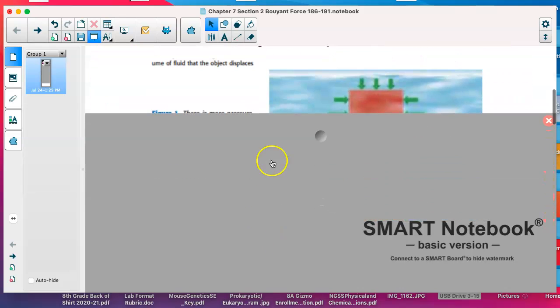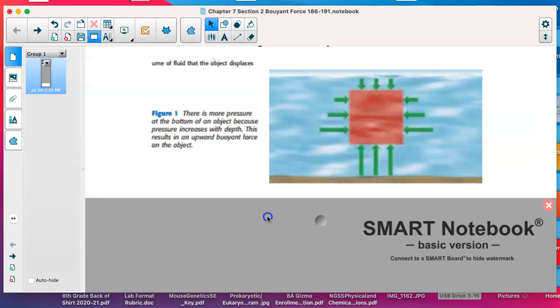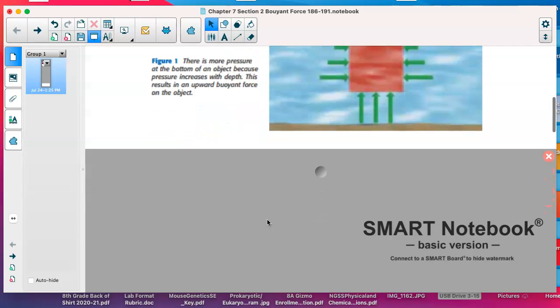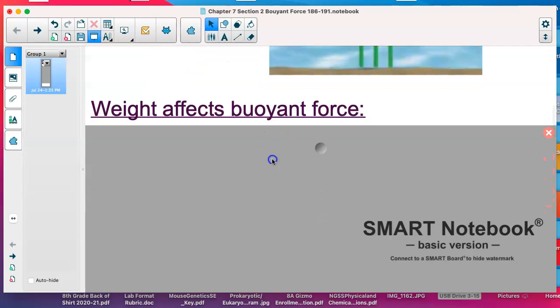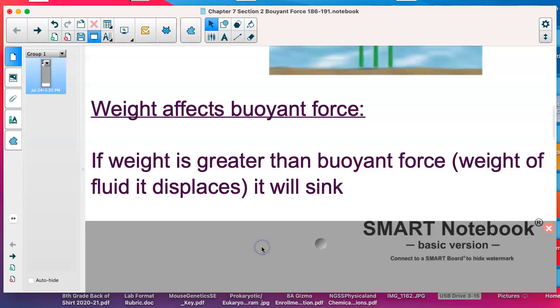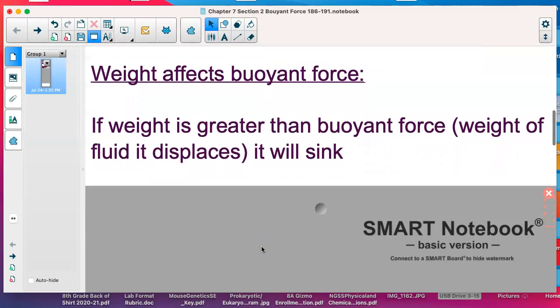So he studied fluids, and this was a picture from your reading. There's more pressure at the bottom of an object because pressure increases with depth. So there's this upward buoyant force on the object. So weight definitely affects buoyant force, right? Especially density. Obviously the heavier something is, the harder it is for that buoyant force to counteract it.